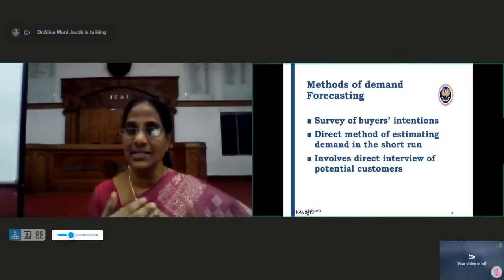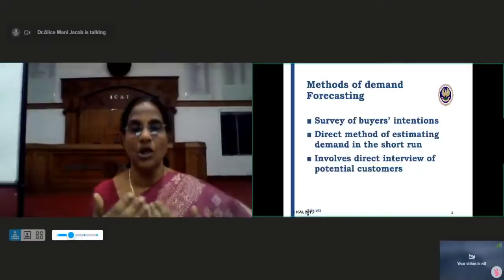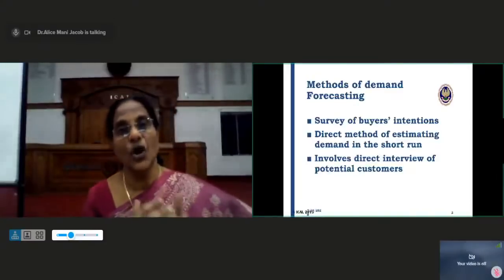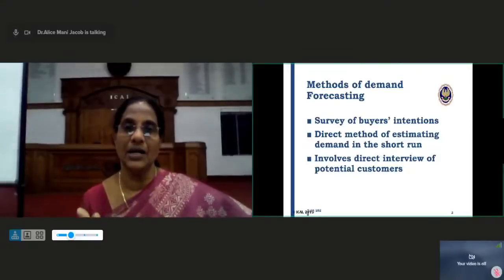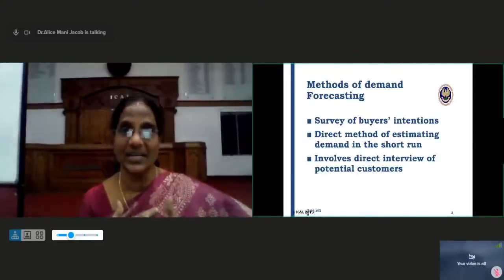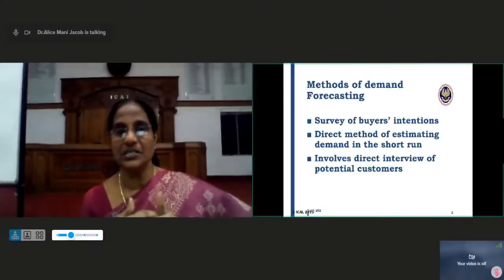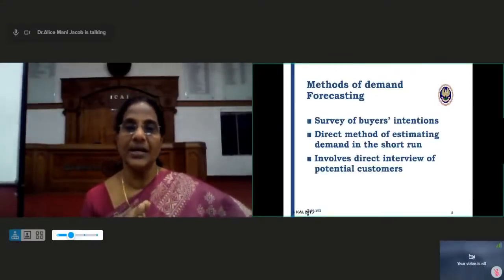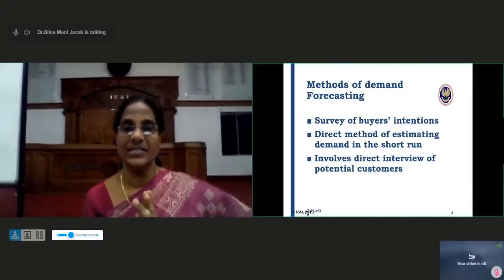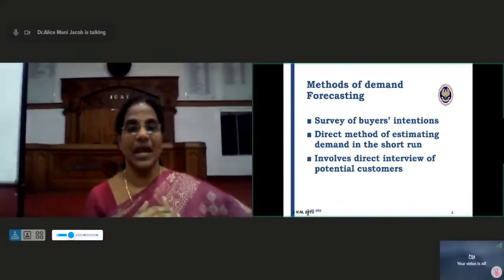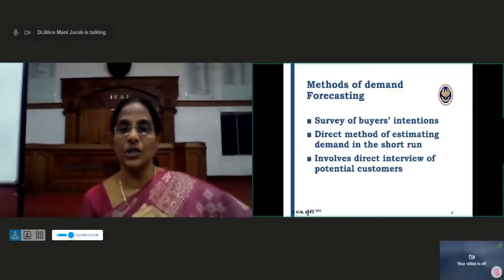Demand forecasting is trying to predict what is the demand for your products in future. So who are your people who are targeting? You are actually targeting the buyers, isn't it? And so the first method is survey. You know what a survey is? That is, you use an instrument like a questionnaire or simply interview the customers and ask them, what are your intentions?